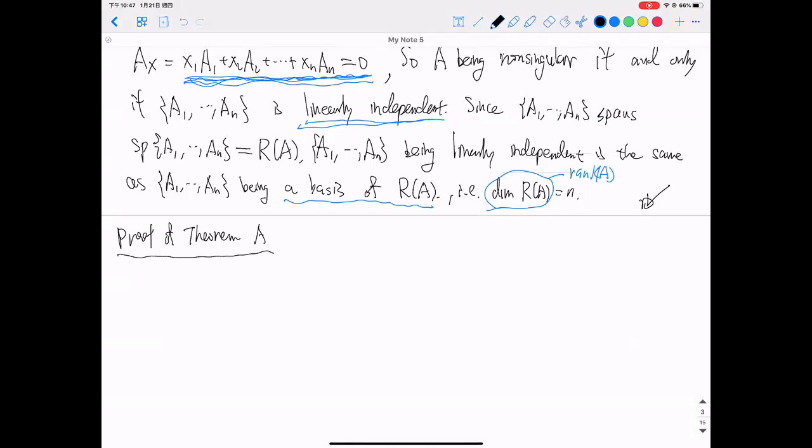Okay, now let's prove theorem A. So recall what the statement is.